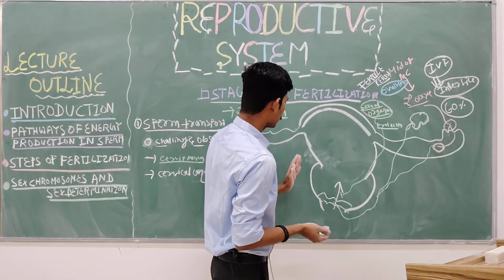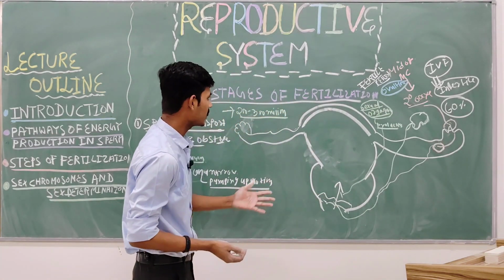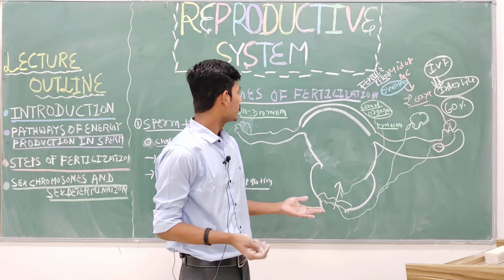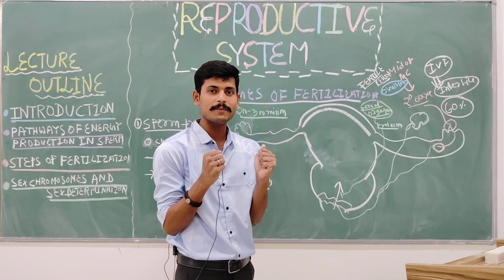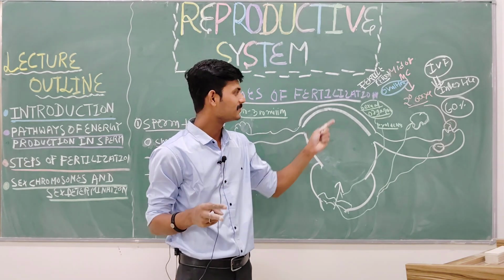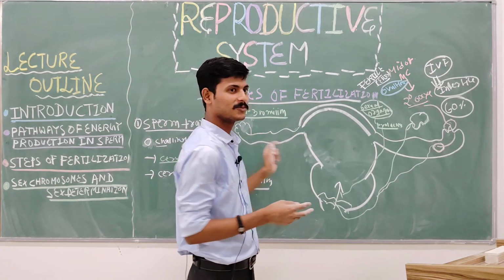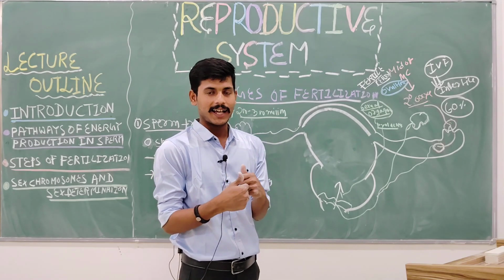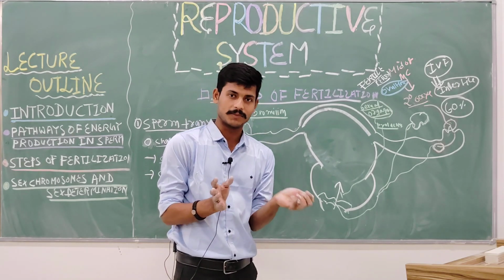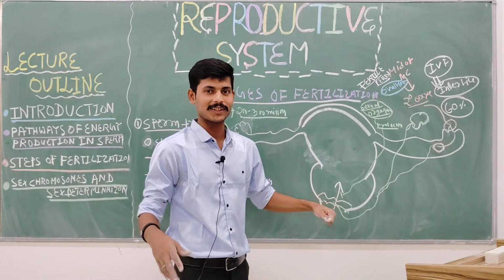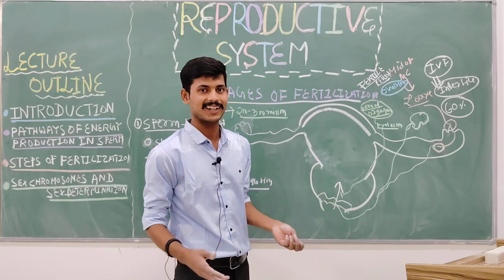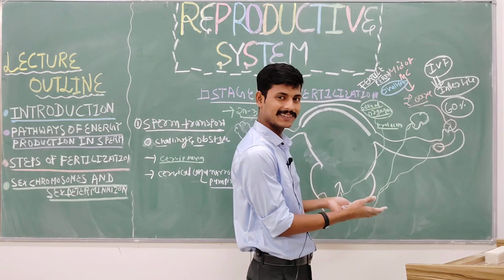So let's recall once again what we studied. We are studying the stages of fertilization, and we said that there is a very strong urge for both the egg and the sperm to meet with each other. And for that, both have to do something. Without moving, they are not able to meet.